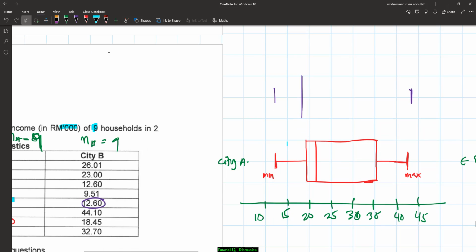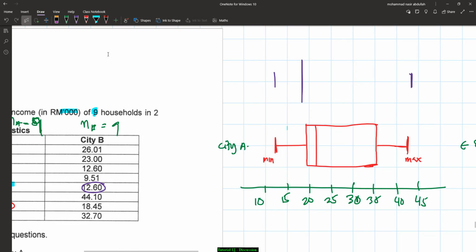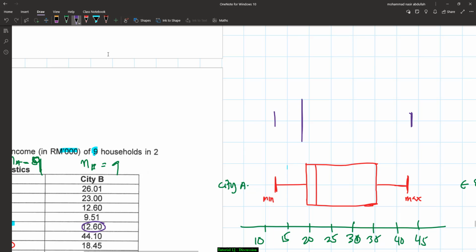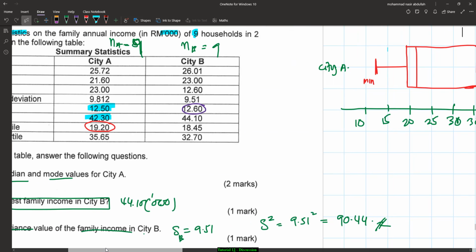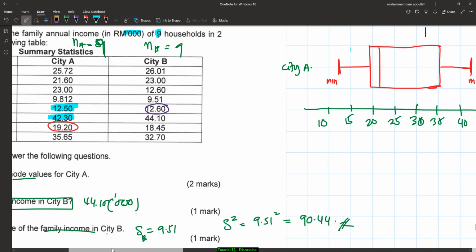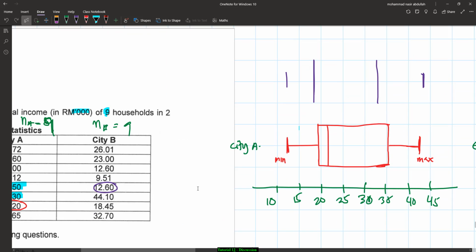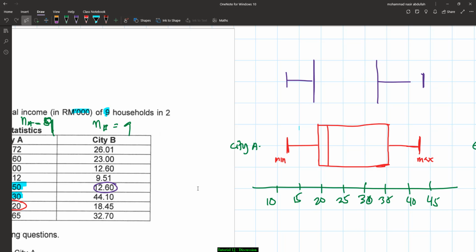And quarter 3 is 32.7. 32.7 should be somewhere here. Is it? Because I can't see, right? Alright. So this is a box and whisker plot for CTB.